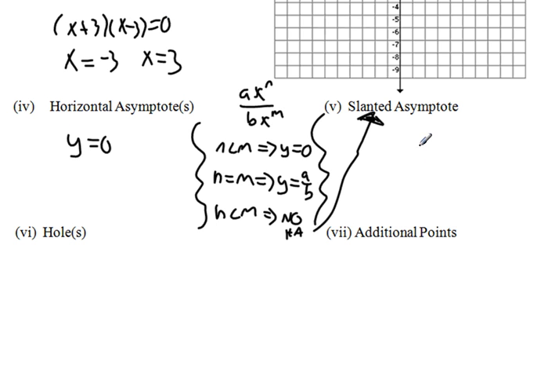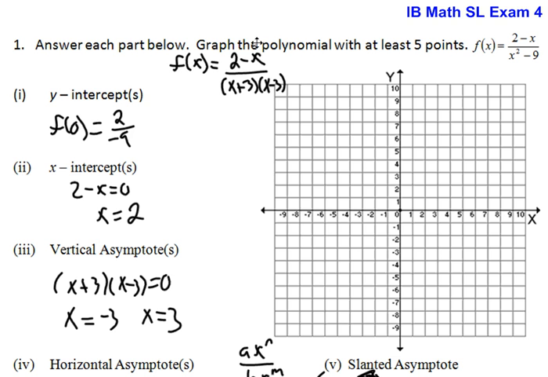Obviously then we don't have a slanted asymptote. If you have a horizontal asymptote, you don't have a slanted one, and vice versa. So this answer would be none, and you got a point for just saying none. You also got a point here for saying no holes, which we talked about at the beginning because we could not eliminate a common factor from both top and bottom.